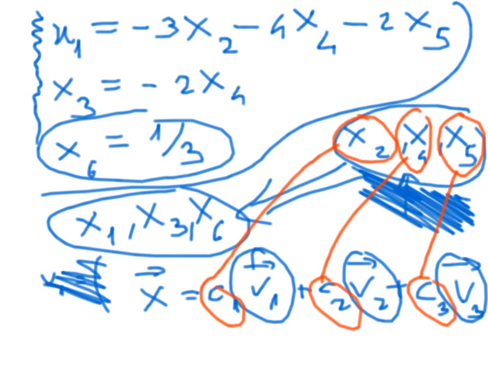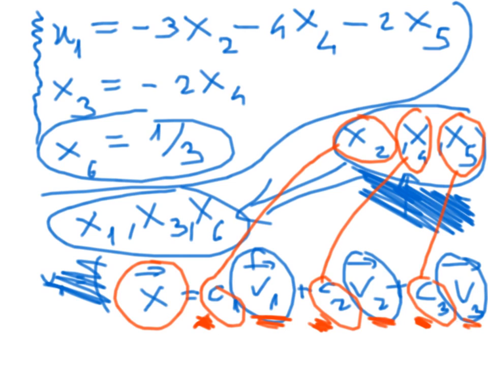In fact, and now I can show you that this works, you just have to decide x2, x4, and x5, and then all the rest is determined. That means that you just have to decide c1, c2, and c3, and then the vector x is determined, given that you have a basis.